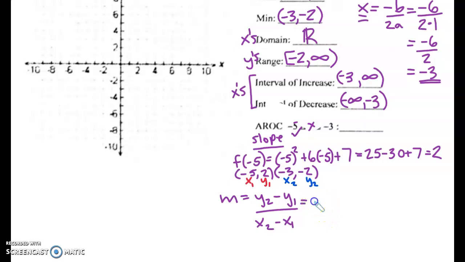So when I plug this in, I got y2 minus y1 all over x2 minus x1.